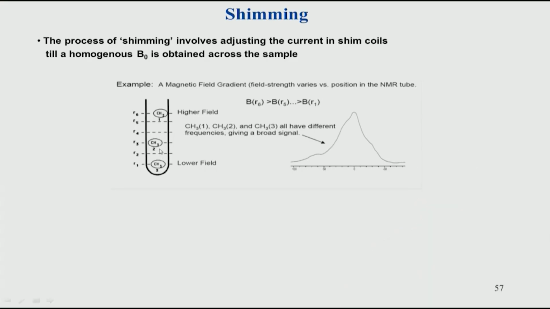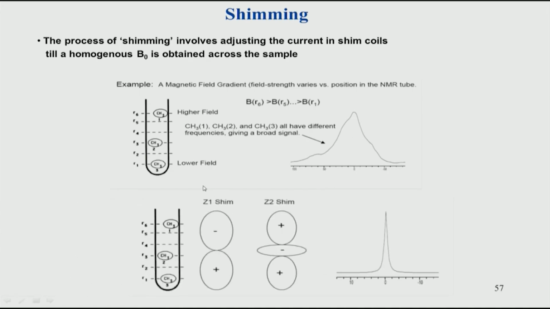Because they are located in different parts of the sample, if the homogeneity is not good, then each CH3 will have a different frequency, because each CH3 sees a different B value. Because of that you get a peak which looks very broad and is difficult to analyze. But if I do shimming, in the shimming process we actually make the magnetic field equal everywhere.